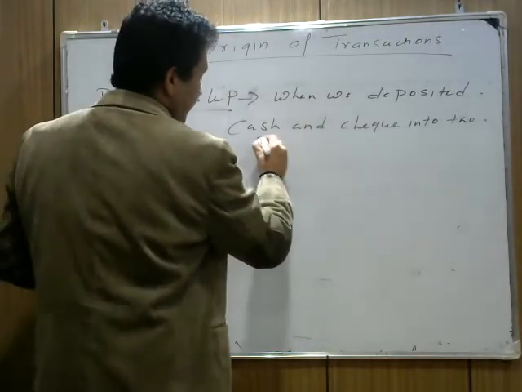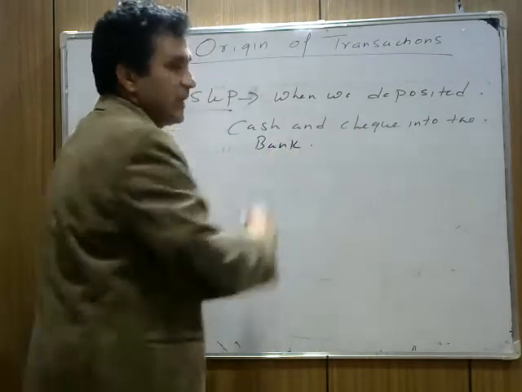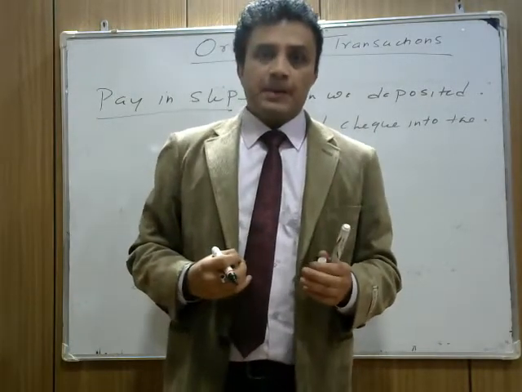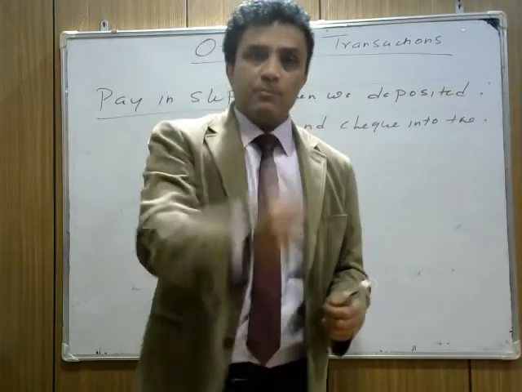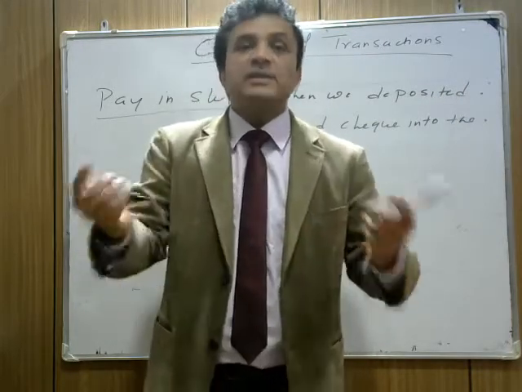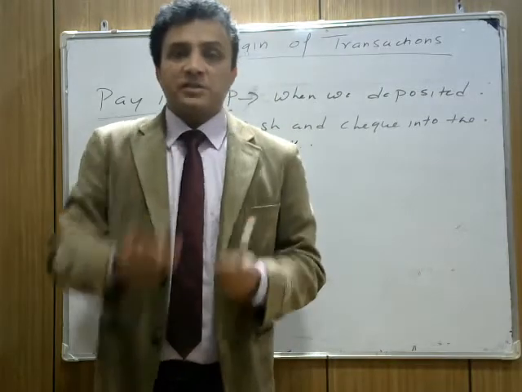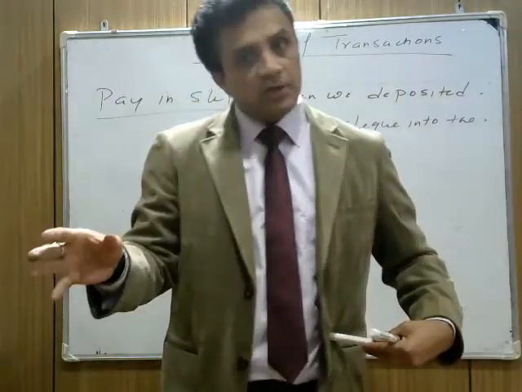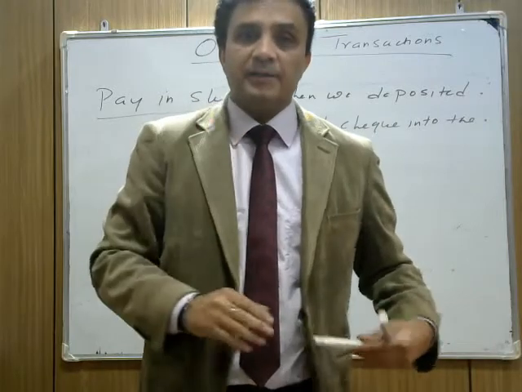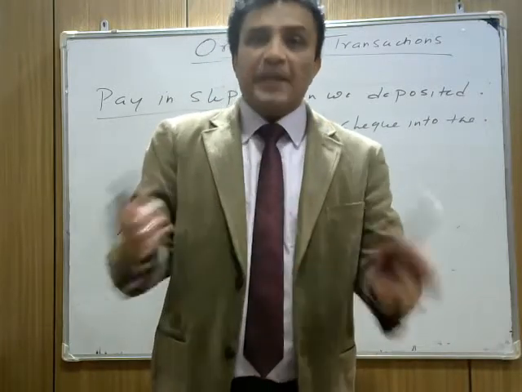That's a proof. उसकी कॉपी हमें मिल जाती है. आपने देखा होगा, इस डॉक्यूमेंट की स्लिप काट के बैंक की मोहर लग के हमें मिल जाती है. It is called pay in slip because this is a proof, a documentary evidence कि we deposited check or cash in bank. So this is called pay in slip.